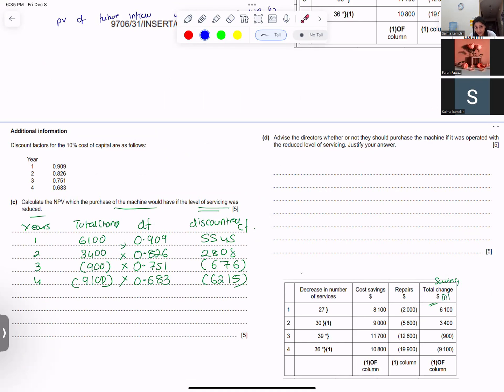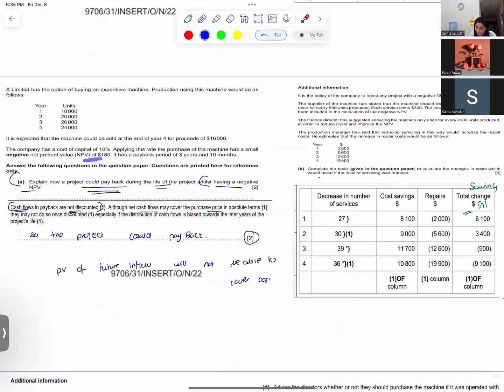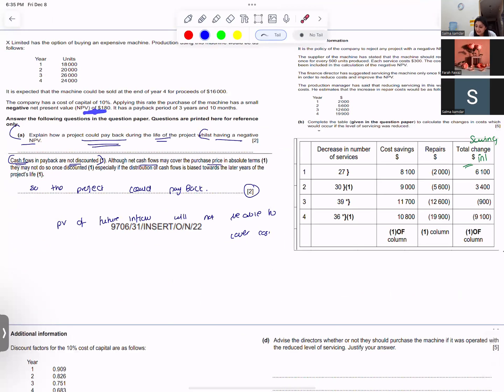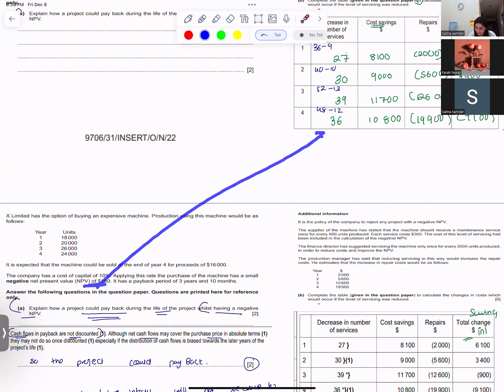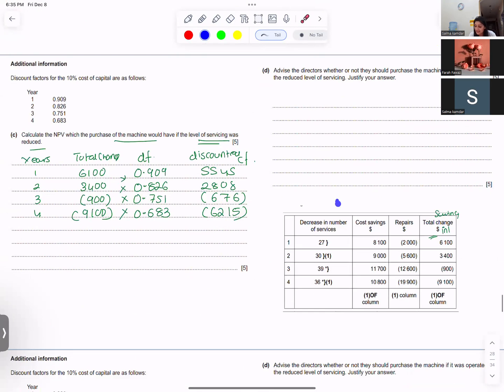Okay. Understood? So I already have a negative NPV of how much? 180. And this 180 is taking into consideration the number of services that I will be doing. So now if I am reducing something, I'm going to save something.